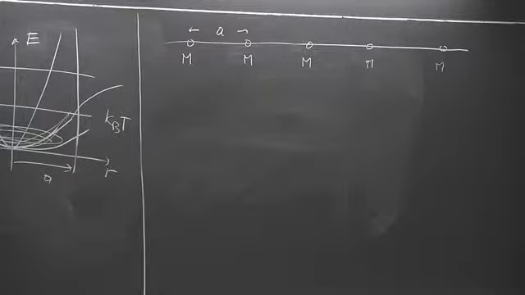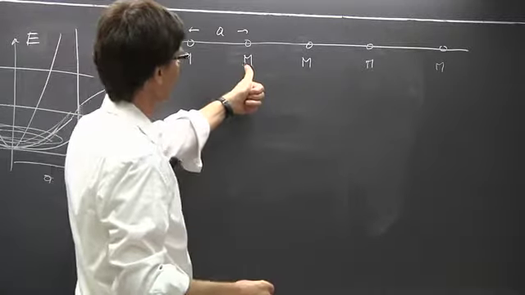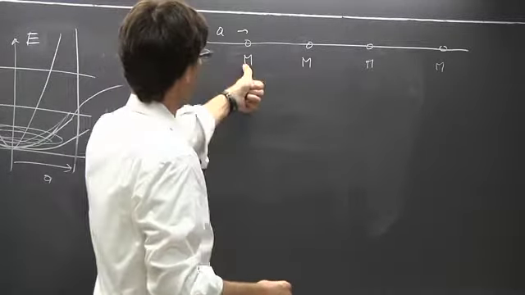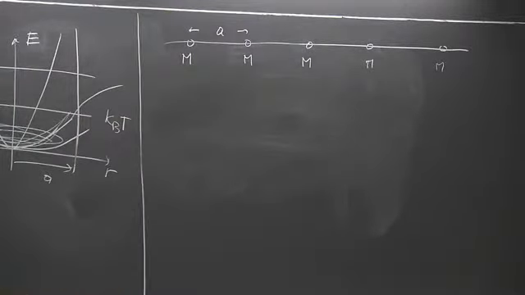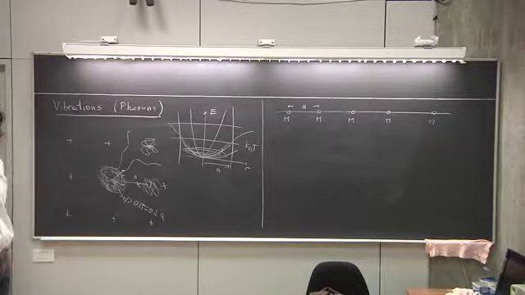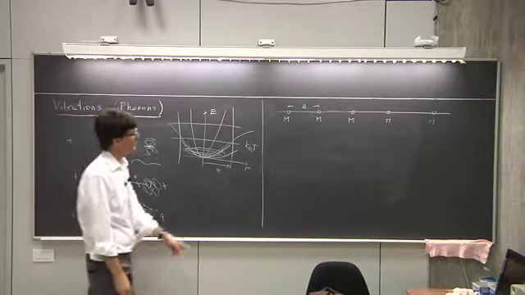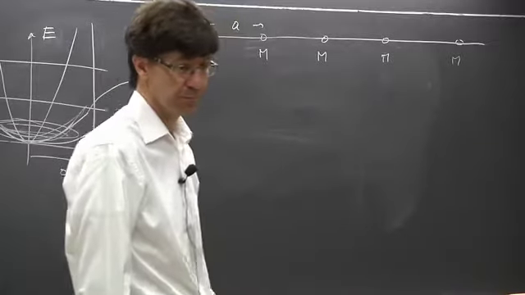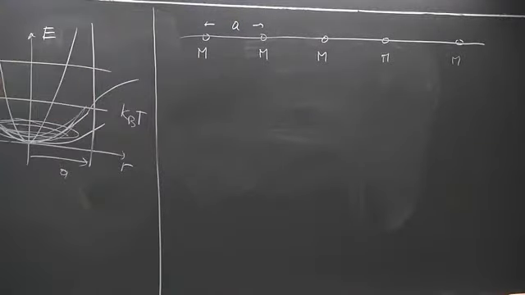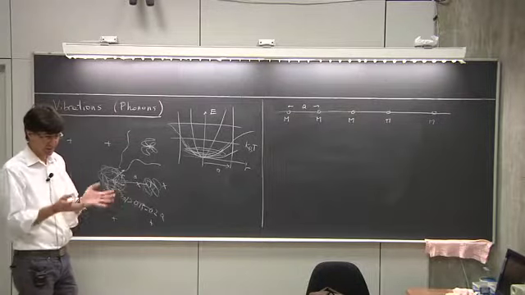And I'm going to assume that the interaction of this particle here with this particle here, as well as the interaction of this with this, is a harmonic interaction. Okay, so I'm assuming essentially that the interaction of each atom with another atom can be approximated with a harmonic spring.